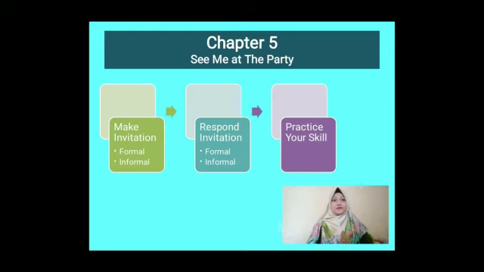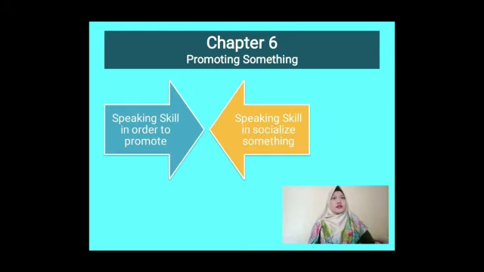The next is chapter 6, Promoting Something. This is about speaking skills in order to promote. What is this for? The author wants the readers to be able to present information to consumers as well as others, and then they can increase demand, and they can differentiate a product.